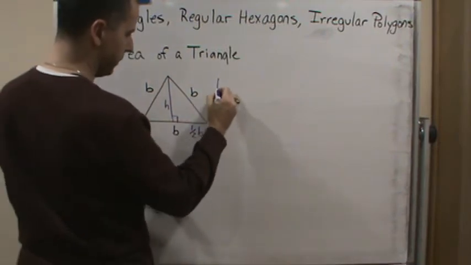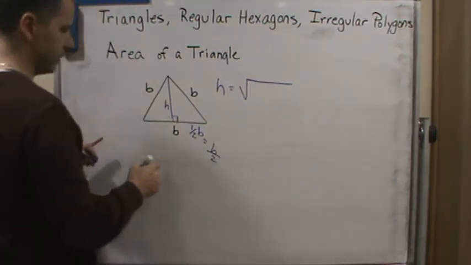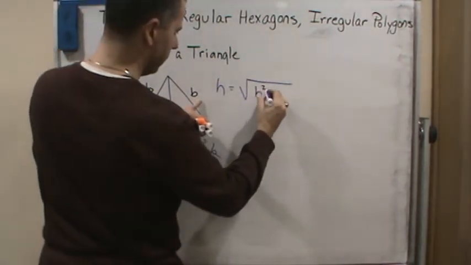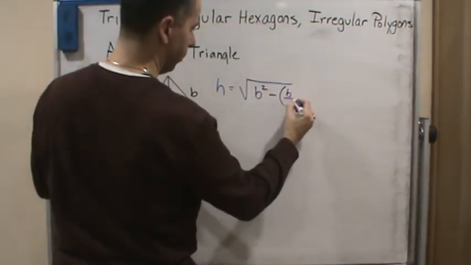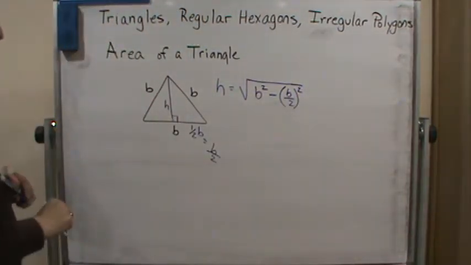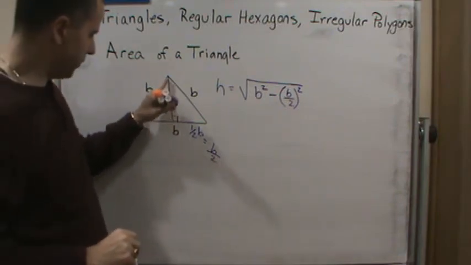So I'm going to use the Pythagorean identity. So h is equal to the square root of what? It's going to be b squared minus b over 2 quantity squared. Okay? So all I did was solve for h.